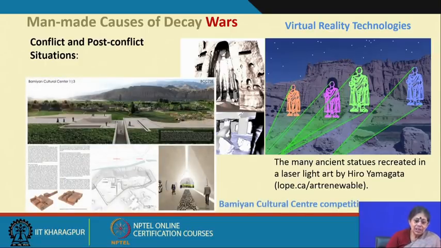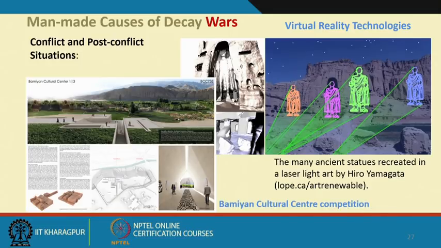Also, another thing we must understand is that there is the Bamiyan Cultural Center, an international competition. Recently 117 countries participated in this competition to build an interpretation center for future generations to see what has happened.